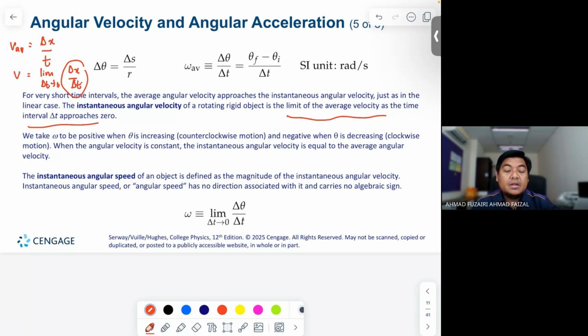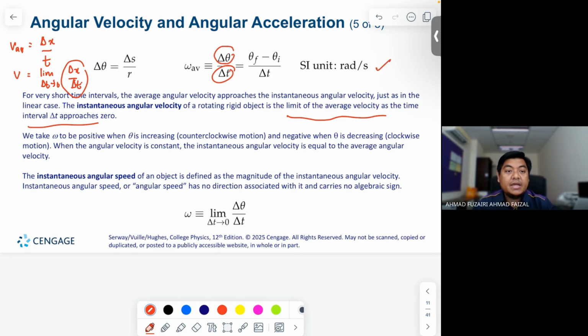That is for linear. But the instantaneous angular velocity is the same thing. From the average angular velocity, delta theta over delta t, where delta theta is the angular displacement divided by time, you may get radian per second.